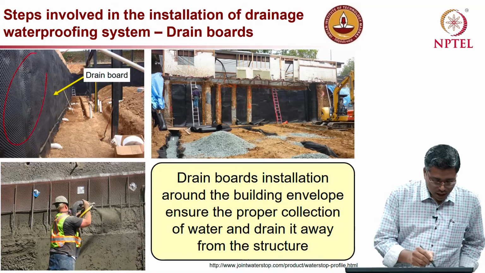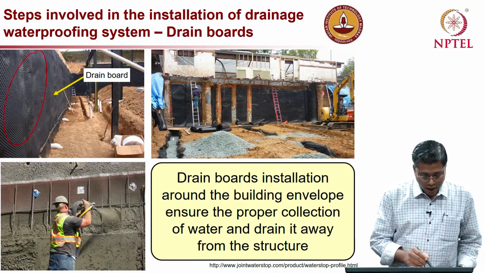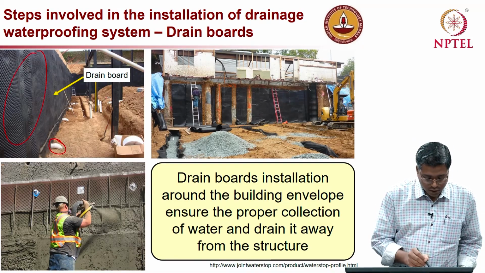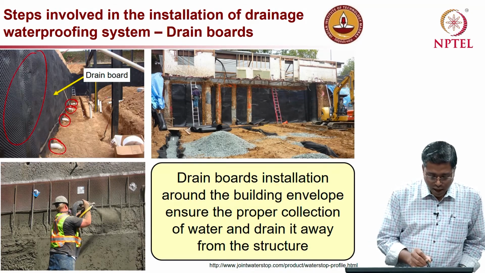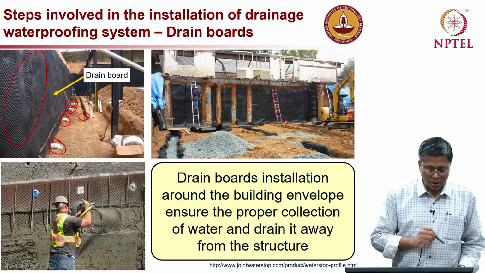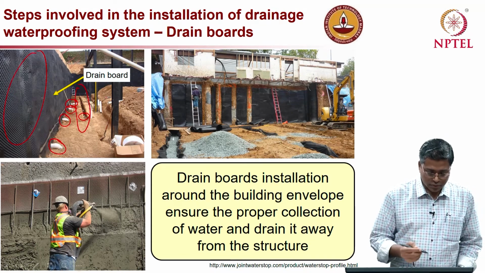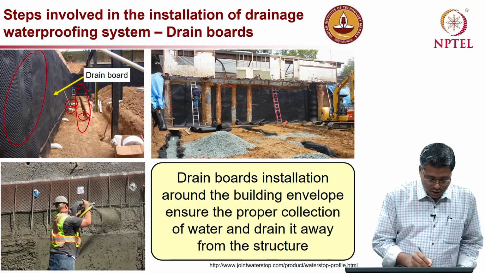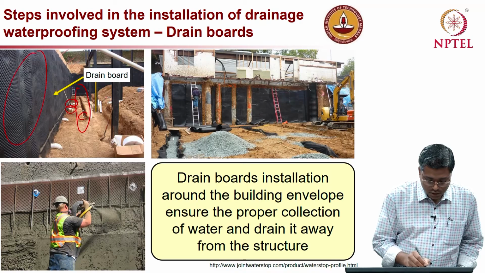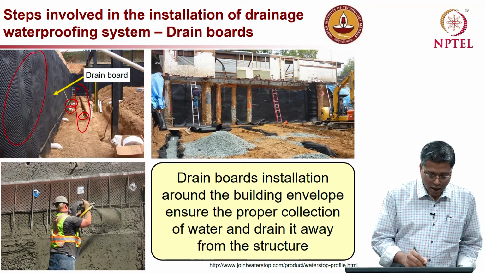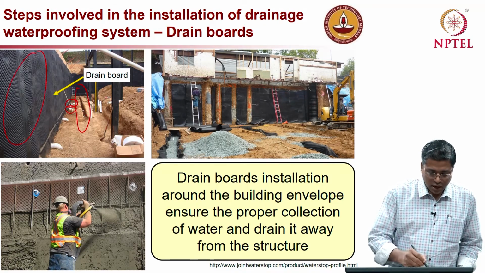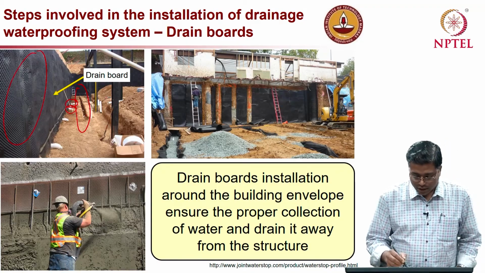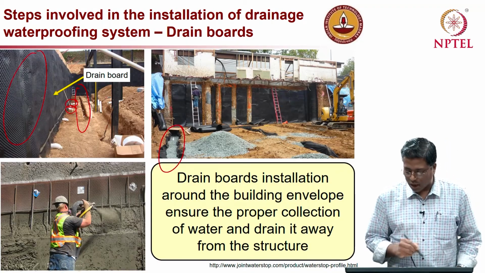You can see the drain board being provided, and also these water collection points, PVC pipes at the bottom, and these PVC pipes are taken into the trench on the right side. So, this is the trench. You can see very slowly this PVC pipe showing up there, and from that trench another pipe will be going, like you can see on the picture on the right side.